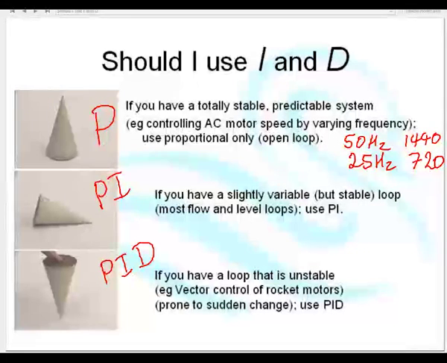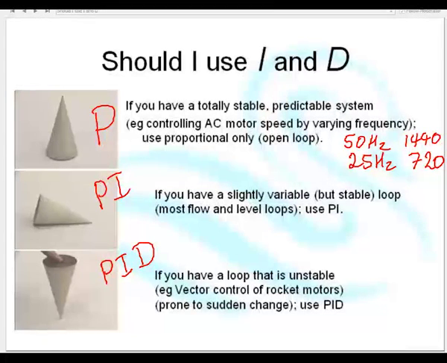I don't need feedback, and if I use feedback, the most likely thing that's going to happen is that it will oscillate, because feedback causes oscillation. So if I have a completely predictable control system, I use P only.